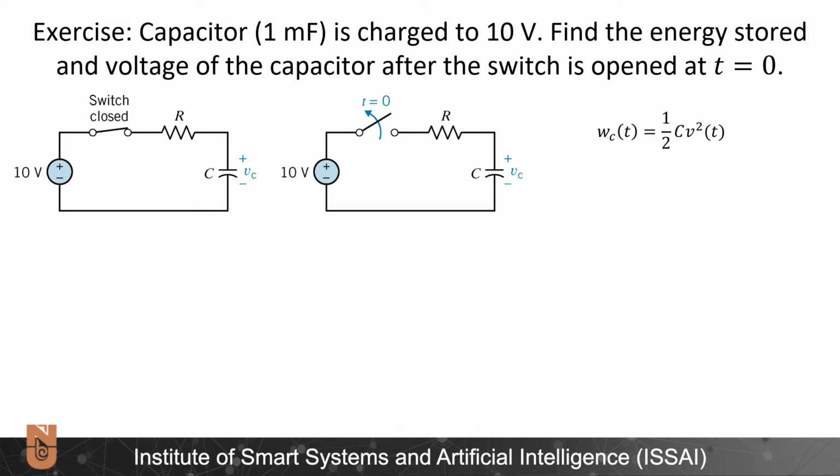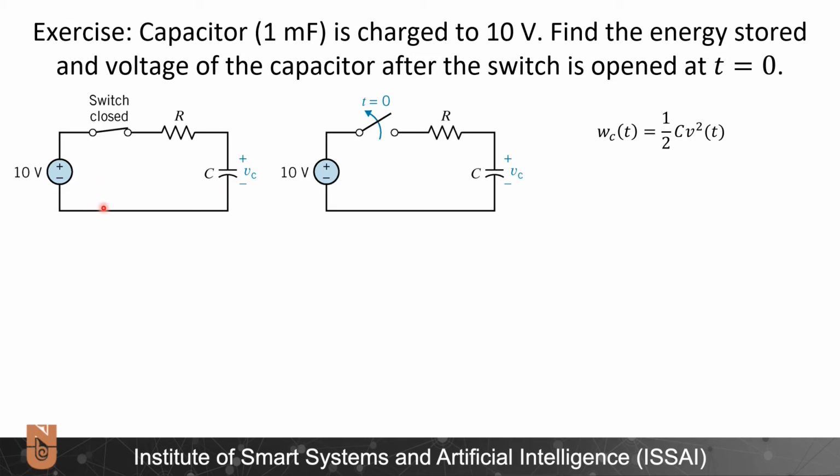In this circuit, we have a 1 millifarad capacitor which is charged to 10 volts. How do I know that this capacitor is charged to the 10 volts? Because before t is equal to 0, I have a circuit consisting of a 10 volt voltage source, a resistor R and a capacitor C. And after enough time passes, the capacitor will get the same value of this voltage source.